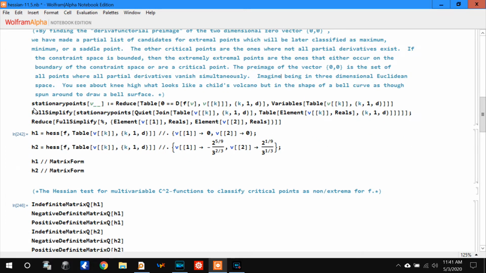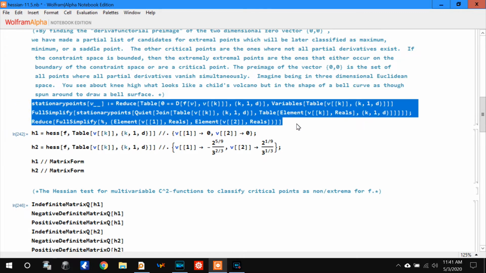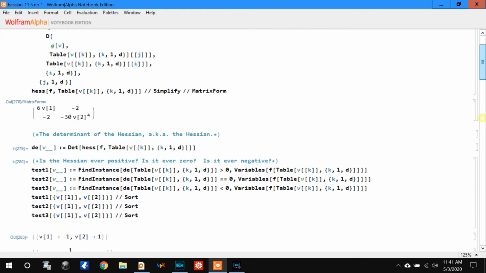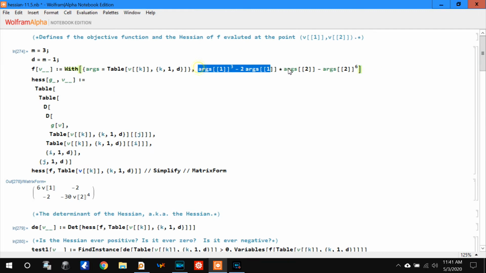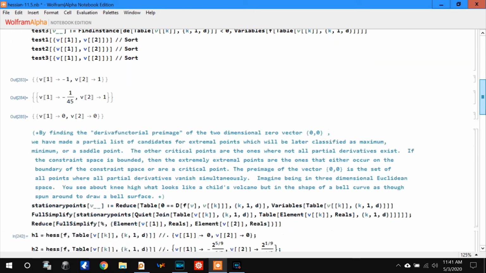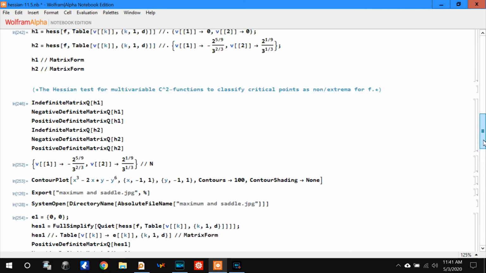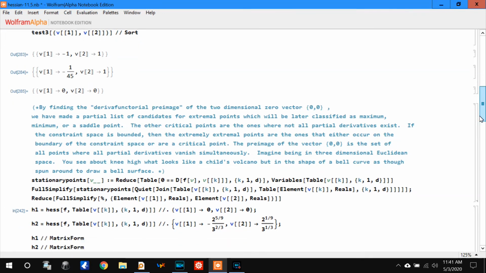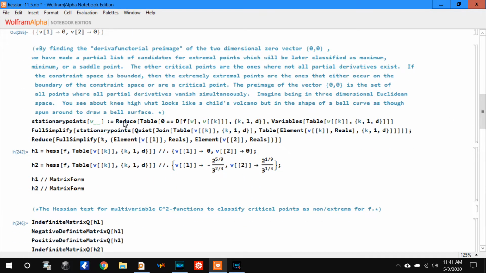This finds the stationary points of the function. What we want to do is this is a template, and then we can just change this function to anything we want later. Oh, not anything, but so here are the stationary points.